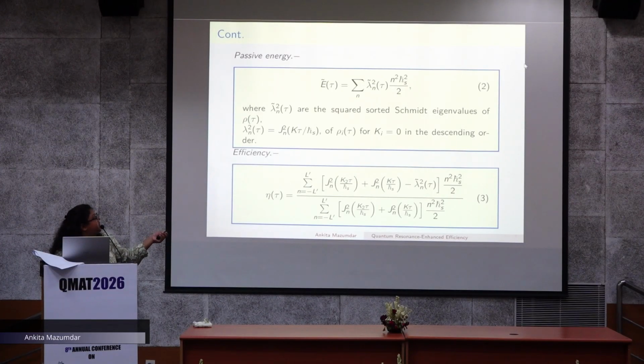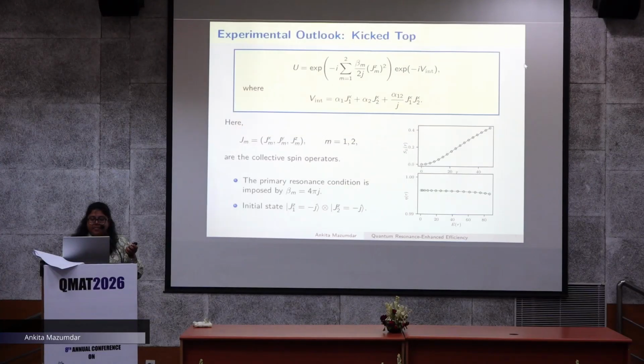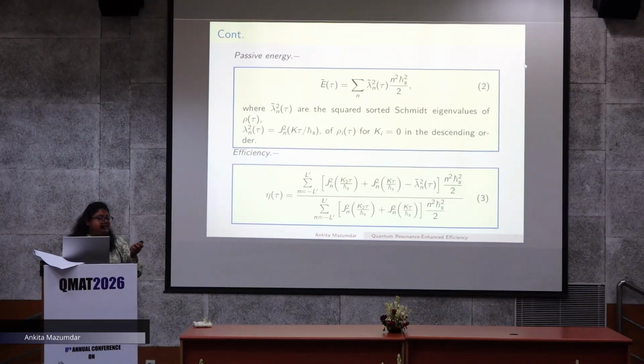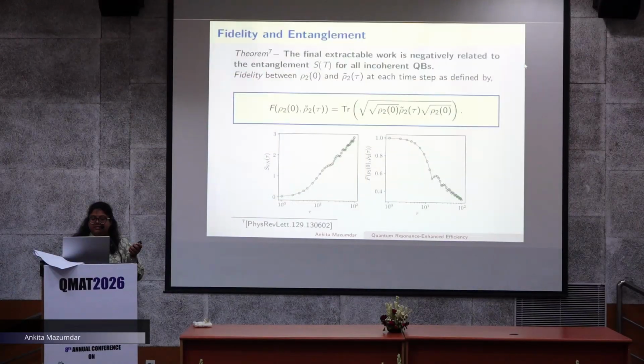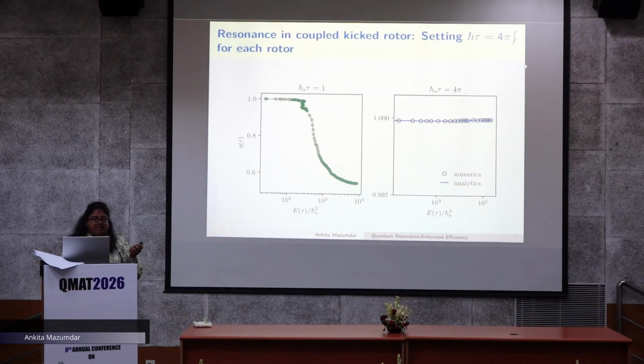This is the square of the Schmidt eigenvalues for rho when Ki is completely zero, so the individual kicking strength is zero. So the passive state energy only depends upon the interaction strength, and for Ki much greater than k, we can have unit efficiency. This is the expression for the efficiency, and we can see it completely matches with the analytics.